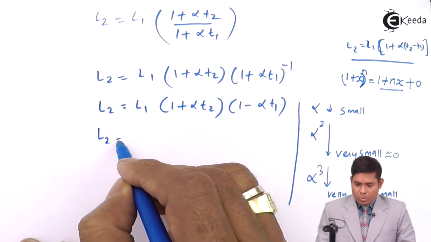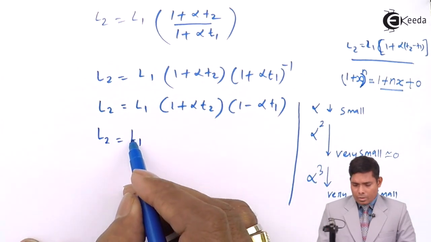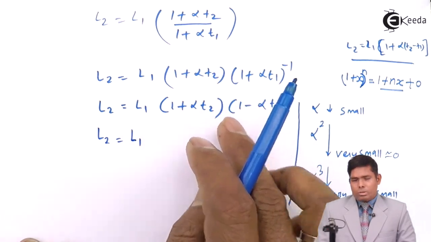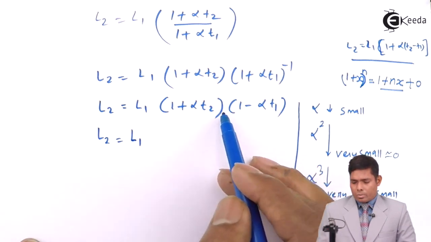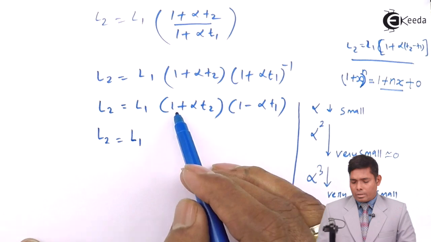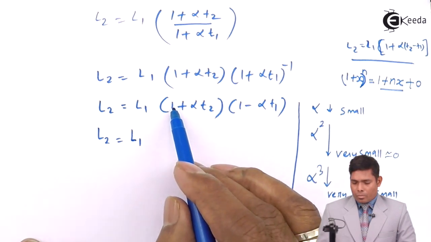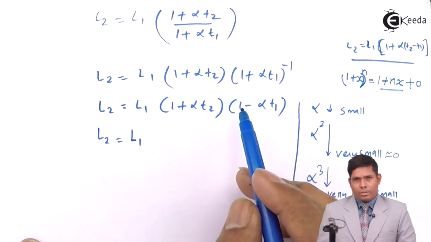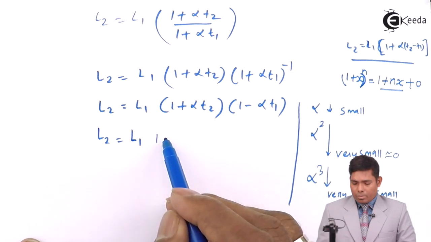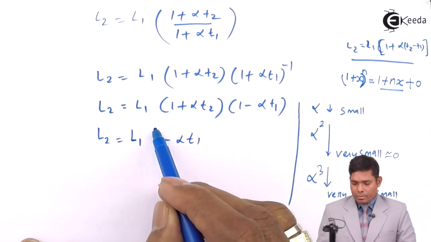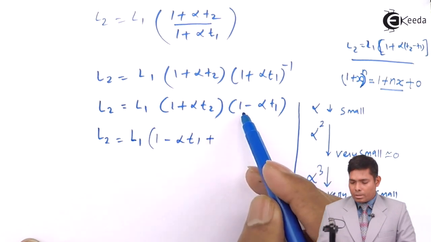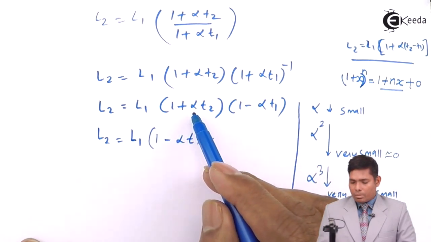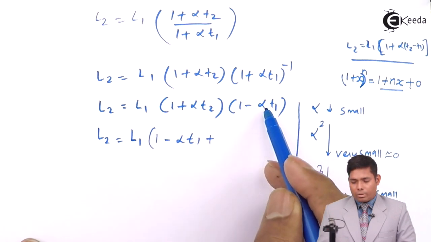Now this L2 equals L1, into this you have to multiply these two factors. I multiply 1 with this, and then this with this, and we get 1 minus alpha t1. Directly writing, this into this plus this into this means plus alpha t2 into 1, then alpha t2 into alpha t1.